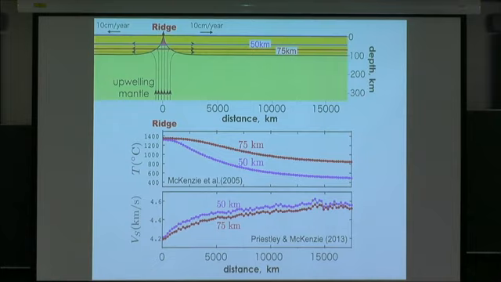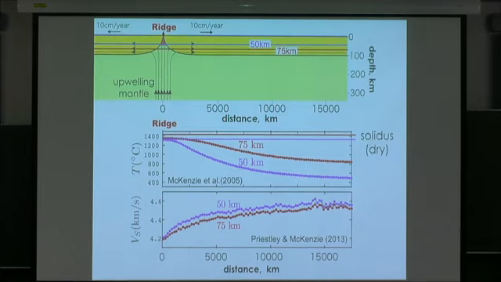And when the solidus temperature at these depths is plotted in the same color scheme, we can see that all the data are below the solidus temperature. And the first data point is about 100 kilometers away from the ridge center. So the lateral scale of the partially molten zone beneath the ridge is considered to be smaller than this first data point.